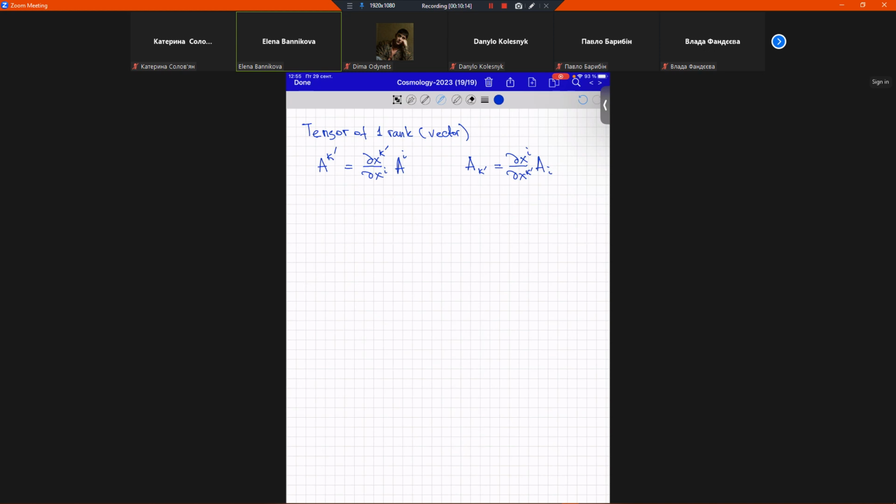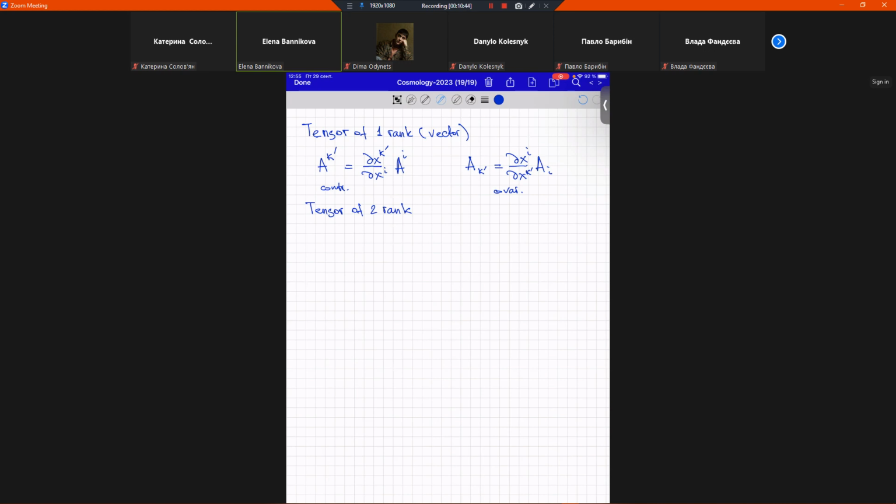This is contravariant, this covariant. Okay, for the tensor of the second rank, and now I will write all three cases, and you can use it for the future if you would like to look at this.